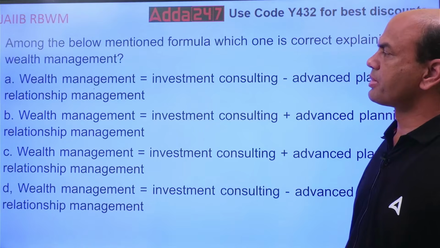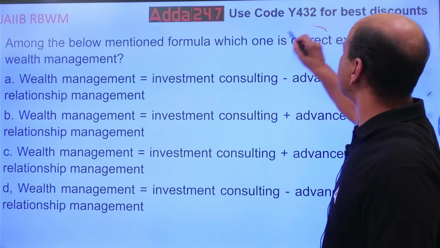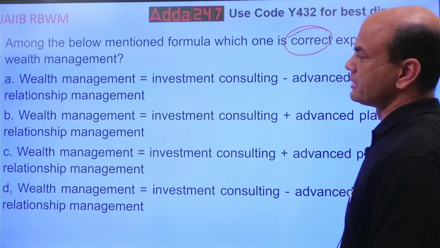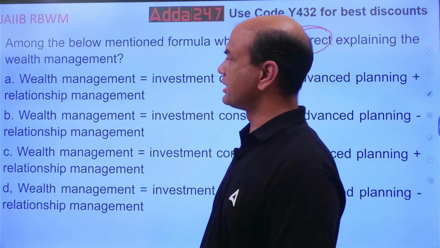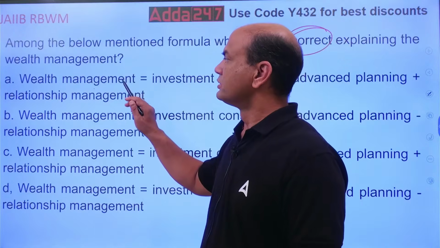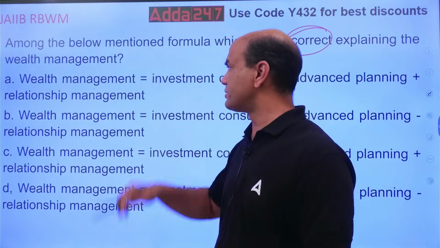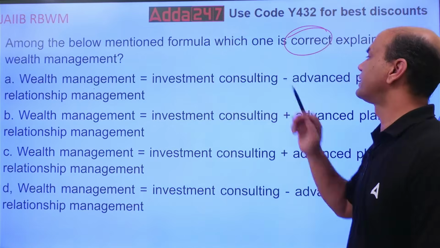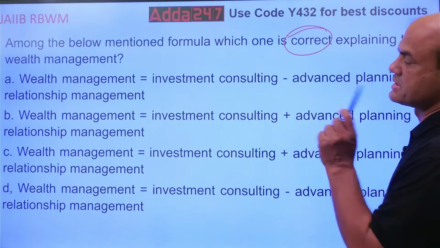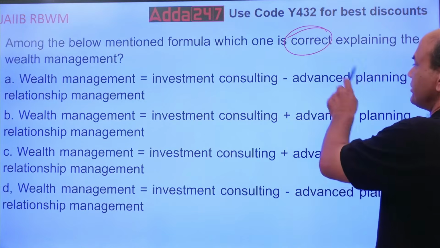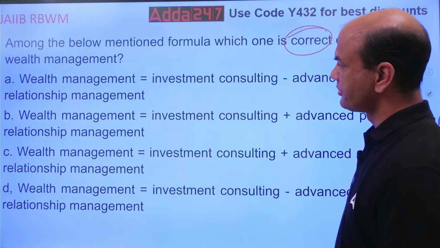Next. Among the below mentioned formulas, which one is the correct explanation of wealth management? Look at it, everyone, properly. A: Wealth management equals investment consulting minus advanced planning plus relationship management. Minus advanced planning means you don't have to plan in advance.